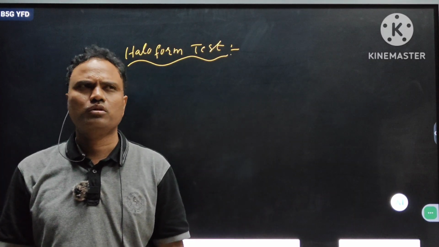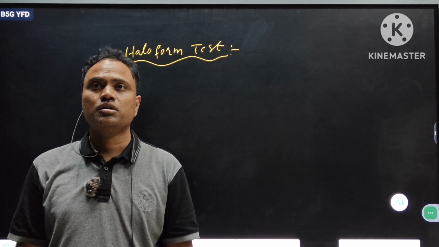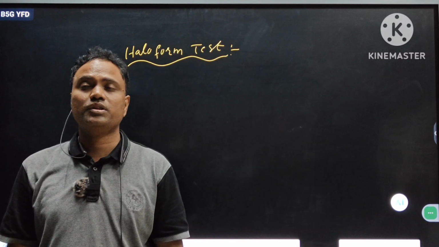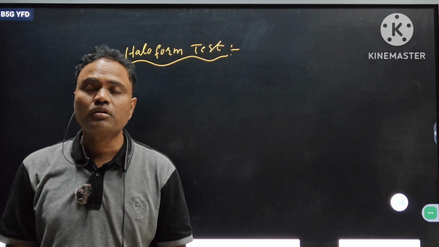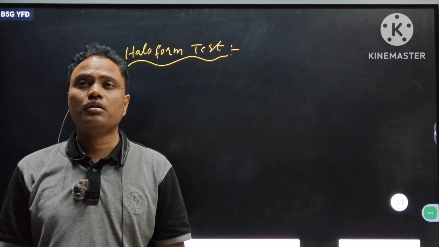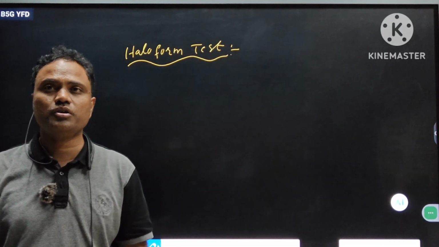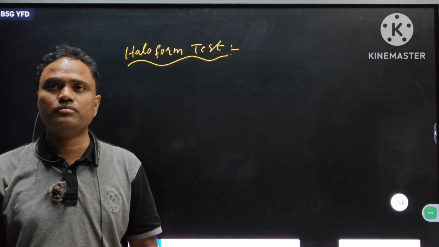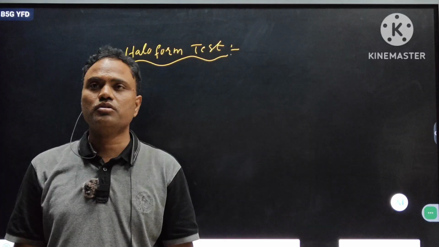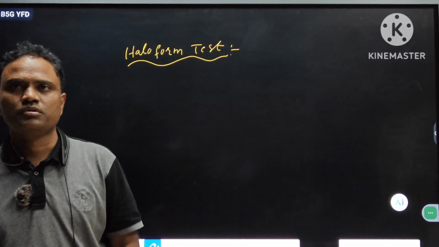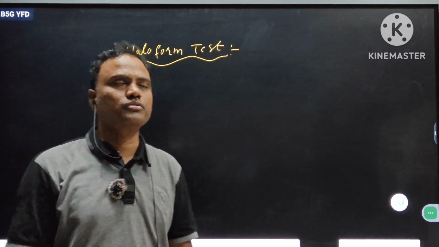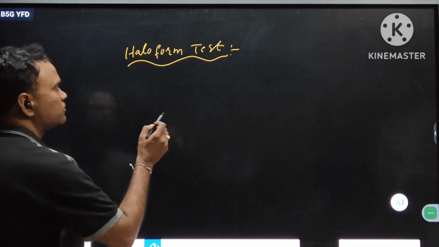No. Haloform test: ketones with at least one alpha methyl, when treated with NaOH plus Cl2, produce chloroform. Under polyhalogen compounds. Clear?